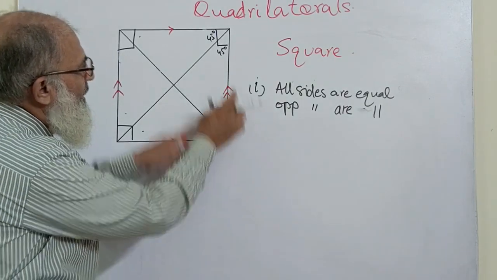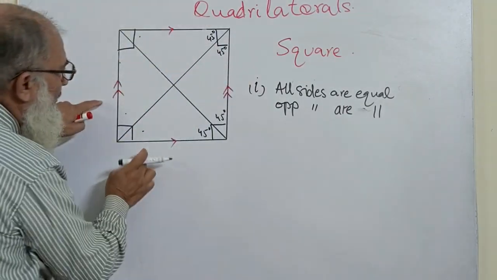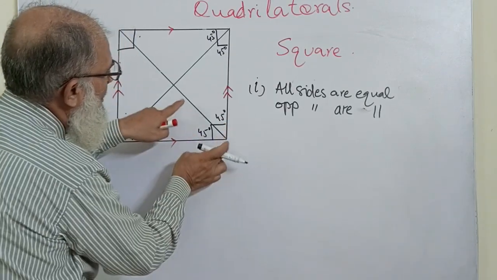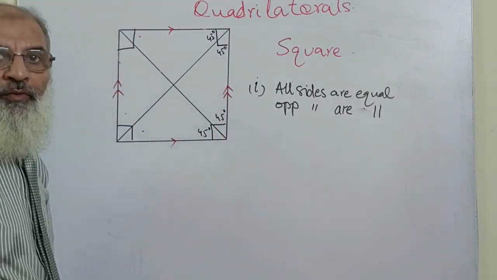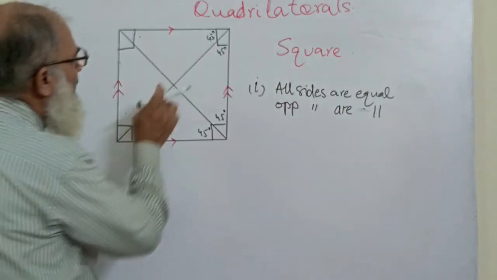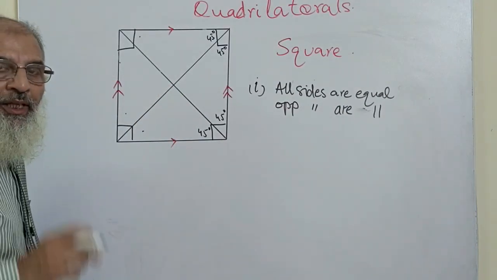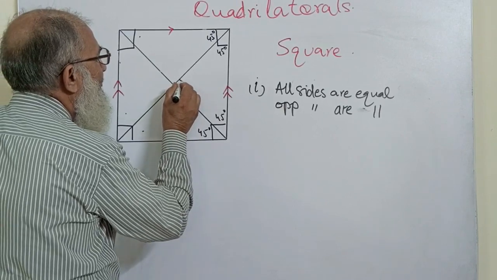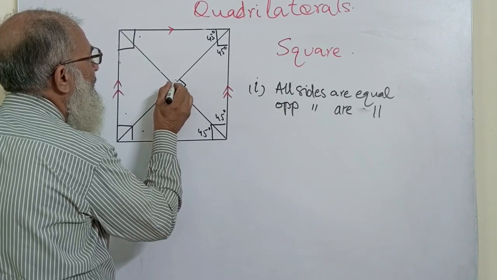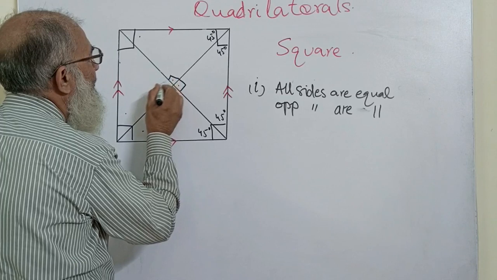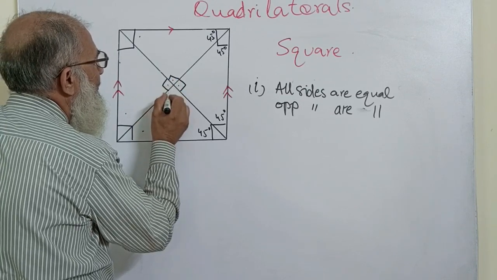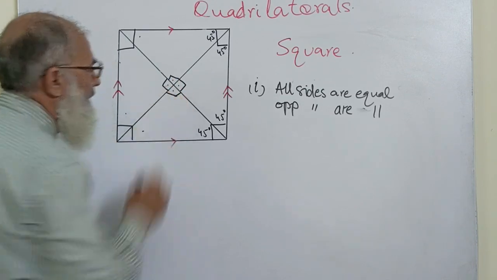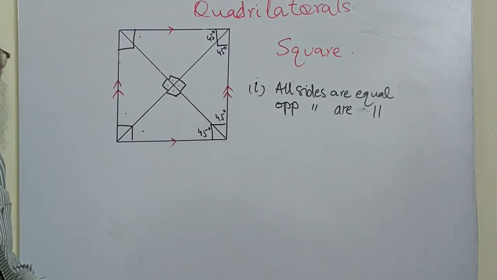The total angle is 90°, and if we bisect the angle, it becomes 45°. Where the diagonals meet here, they make an angle of 90°.